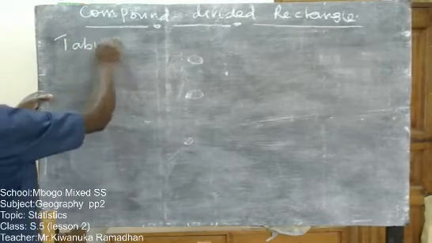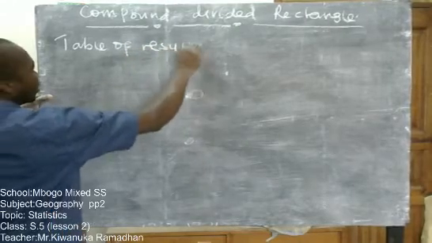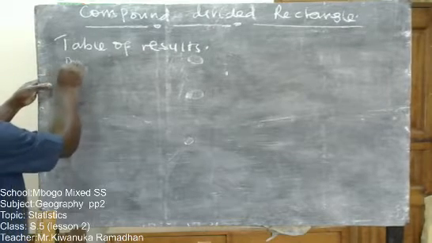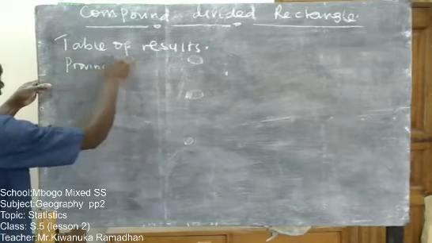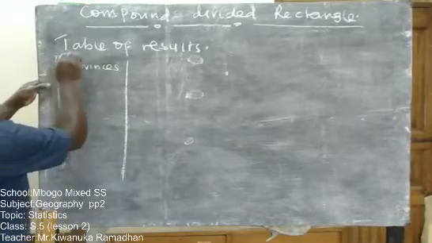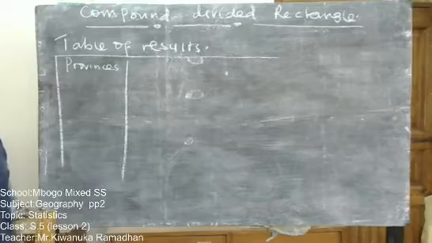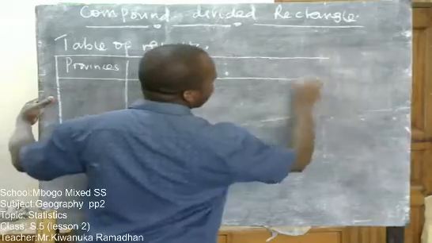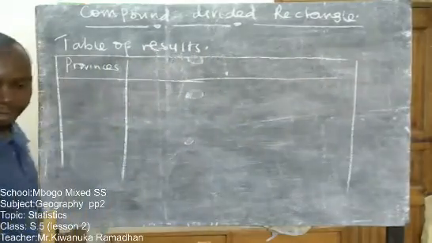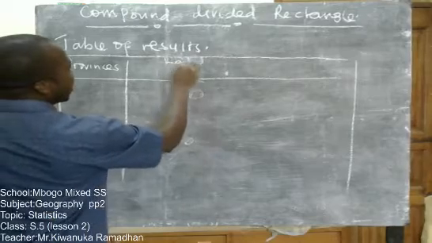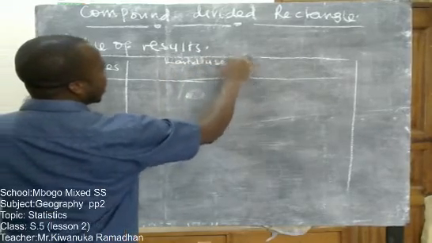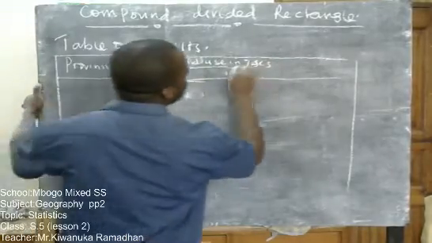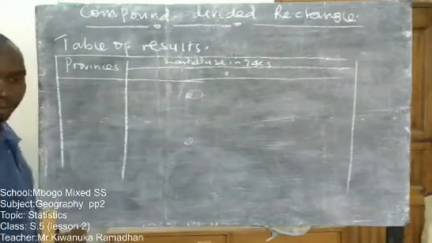Table of results. We have our provinces. There we shall locate our provinces. Then we have the different activities. This is land use in percentages. And we have, how many are they?